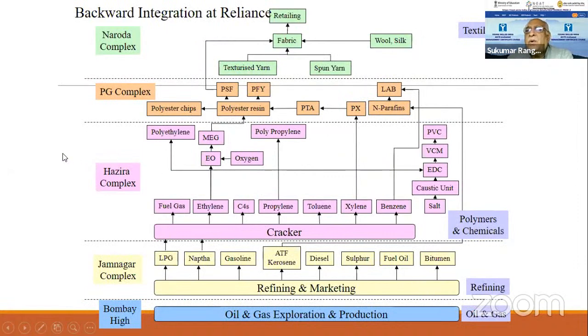Now, this is a very complex operation. Those of you who know, of course, Reliance: Dhirubhai Ambani saw that when he first set up the plant in India. He knew that the continuity of the process has to start from oil and gas, then refining, then polymer and chemicals, and from there it goes on right up to the textiles which they produce.